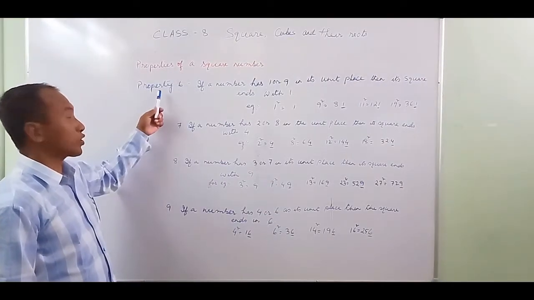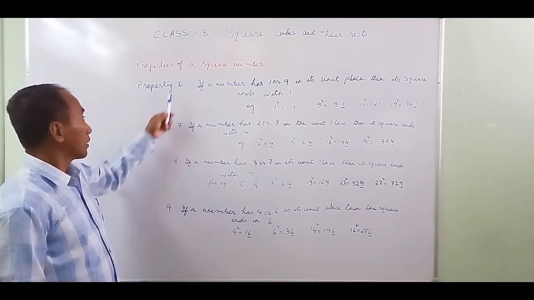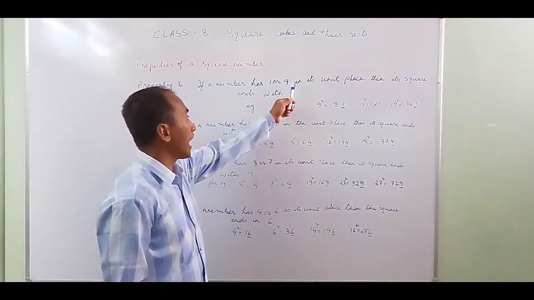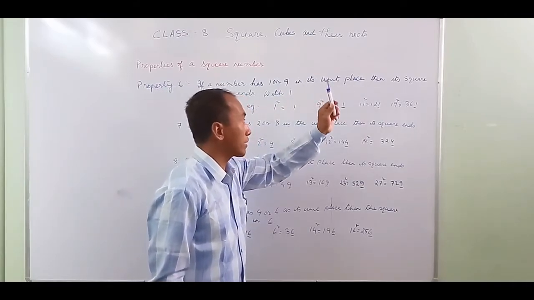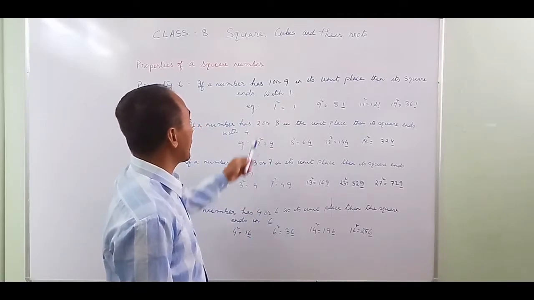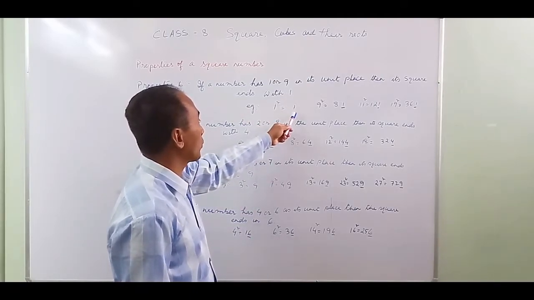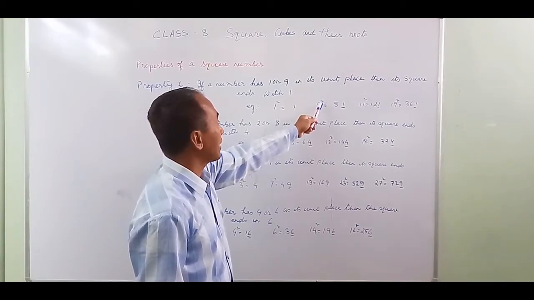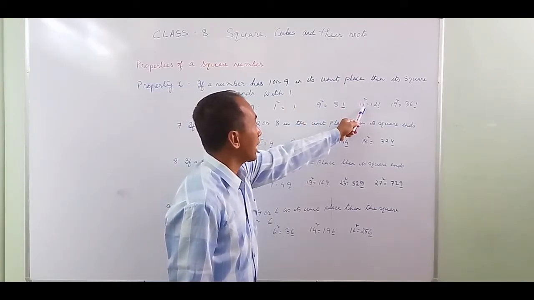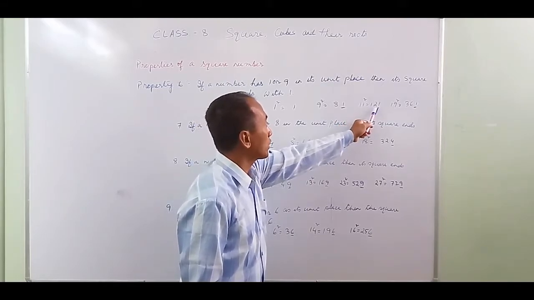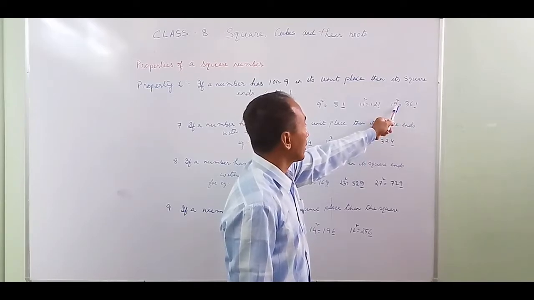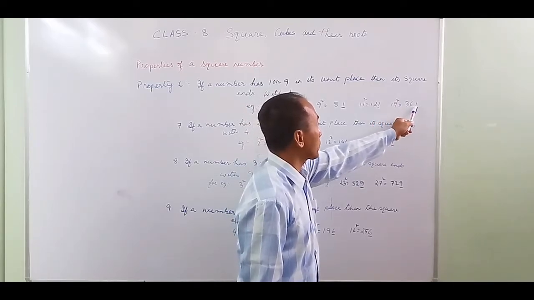Now we have the last remaining 4 properties. The sixth property is: if a number has 1 or 9 in its unit place, then its square ends with 1. For example, 1 square is 1, and 9 square is 81. 11 square is 121, and 19 square is 361, so the unit place becomes 1.